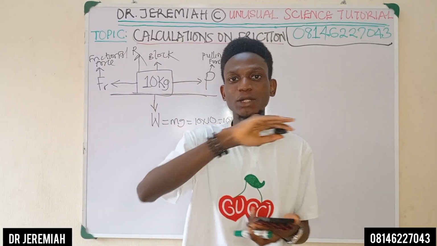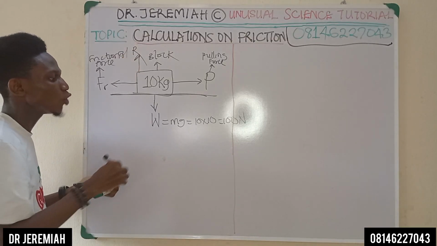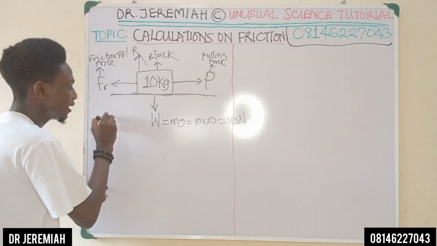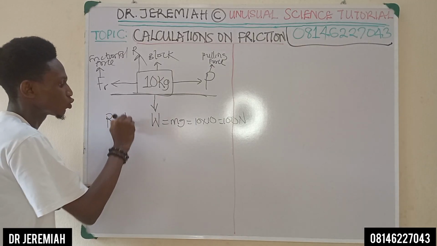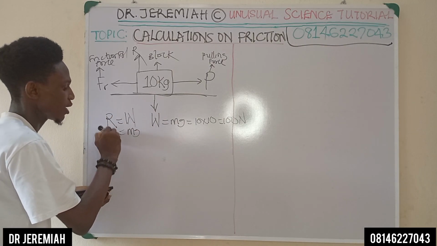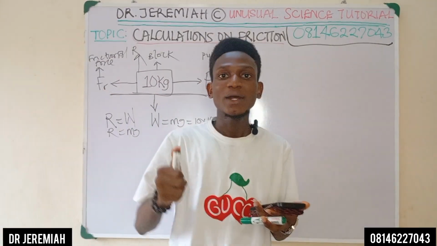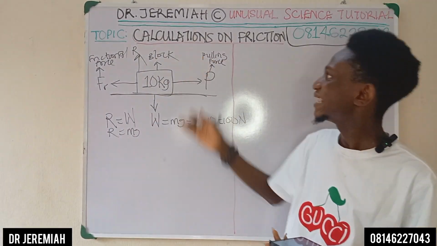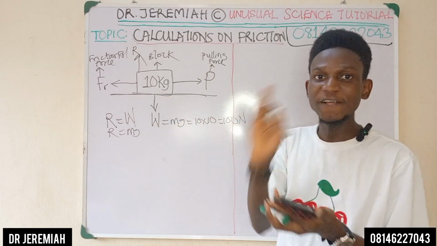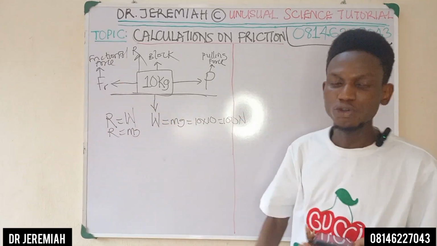For a body moving on a horizontal surface, reaction force is opposite weight, and usually you can say reaction equals weight. So reaction equals mg, for a horizontal surface. So these are the resolved forces on a horizontal surface. Hope you are getting it. This is the first thing to know about resolution of forces on a horizontal surface.